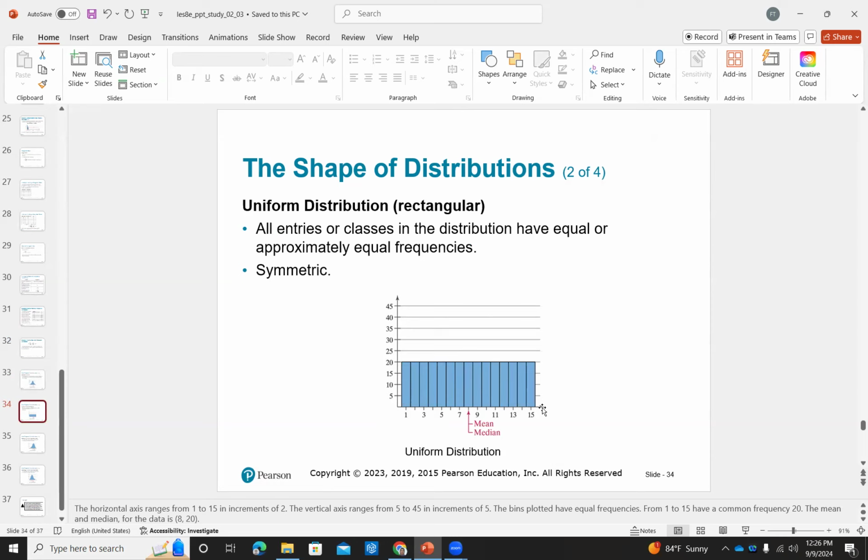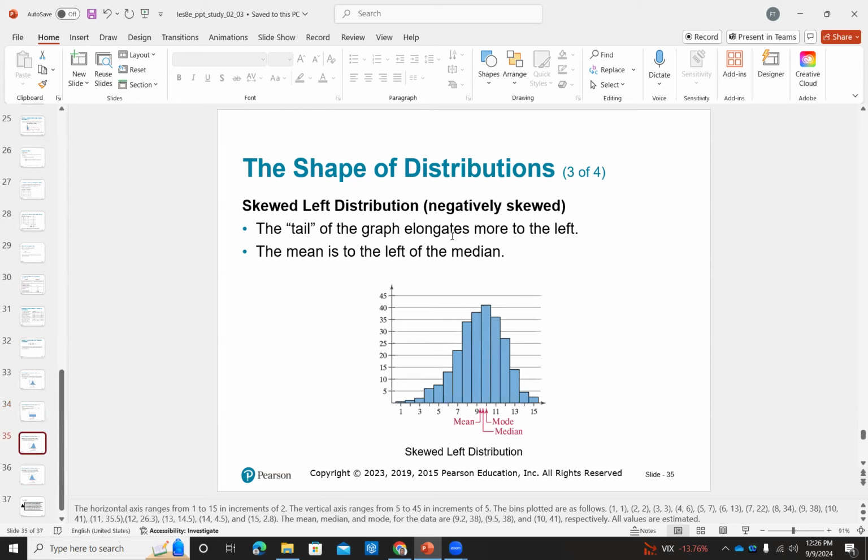So all of these numbers on the x-axis have equal or approximately equal frequencies, which gives you a rectangle shape. And what we see on this rectangle shape is, first of all, there is no mode because all of them repeat the same amount, right? So mode has disappeared, but mean and median still fall into the same point. We lost the mode, but mean and median are at the same location.